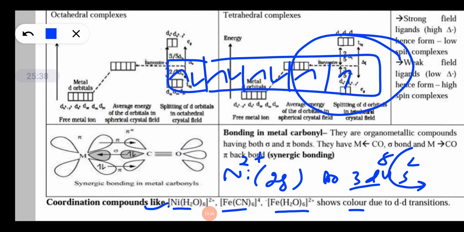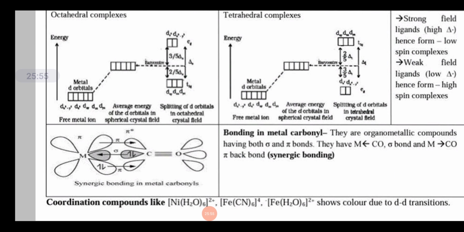Because of these unpaired electrons, d-d transition occurs, meaning electrons jump from the lower T2g to the higher Eg upon gaining energy from the radiation, and when they fall back, it gives color. It's a simple funda which we studied in the d block also.